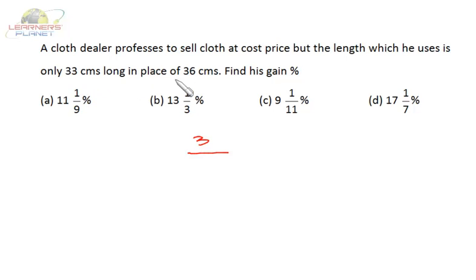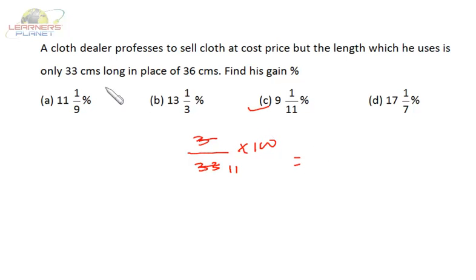That means he is making a profit of 3 centimeter on selling 33 centimeters. So it is 3 by 33 into 100. So it is 9 by 11%.